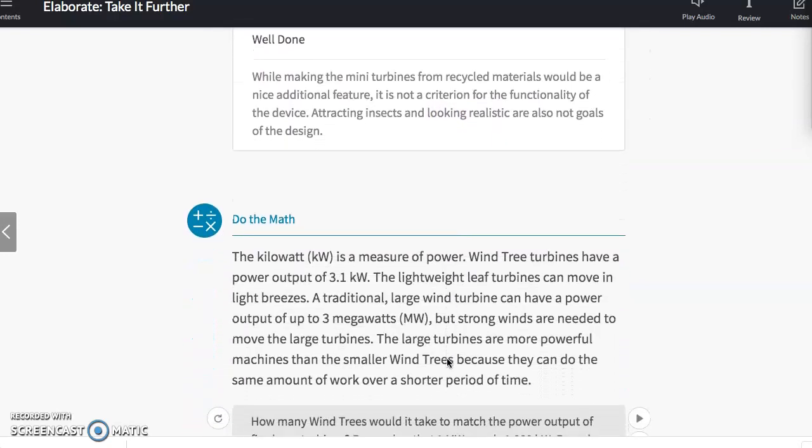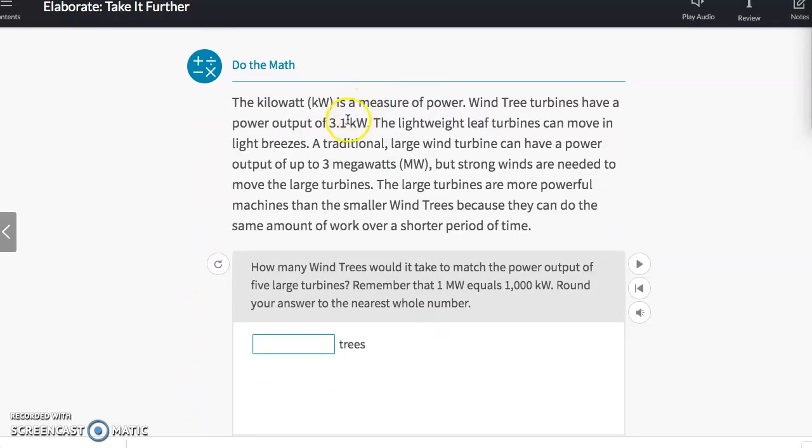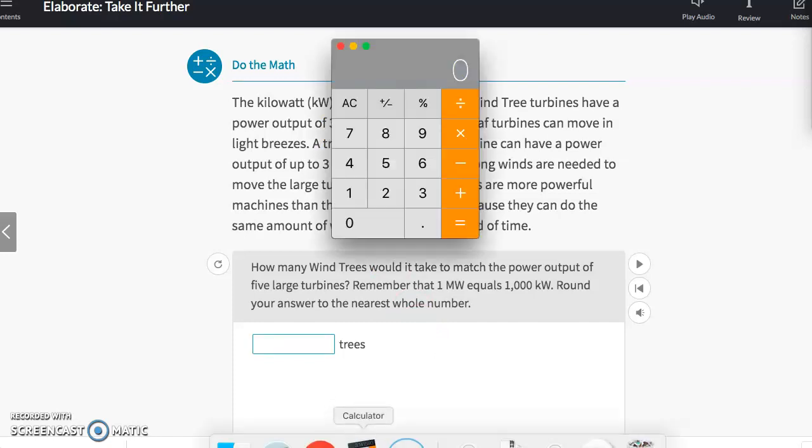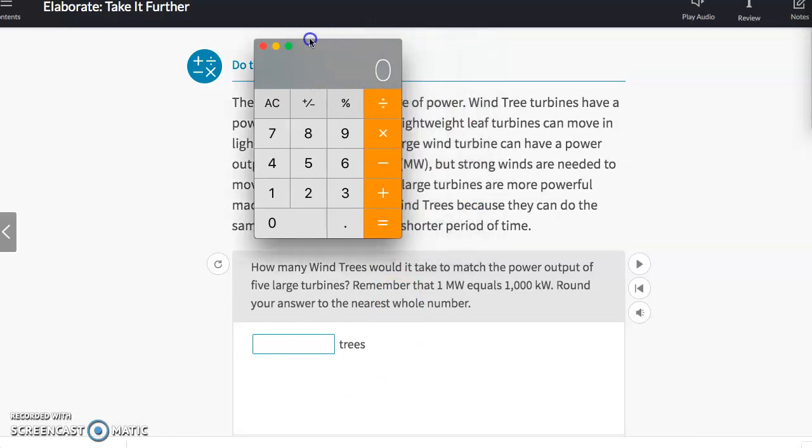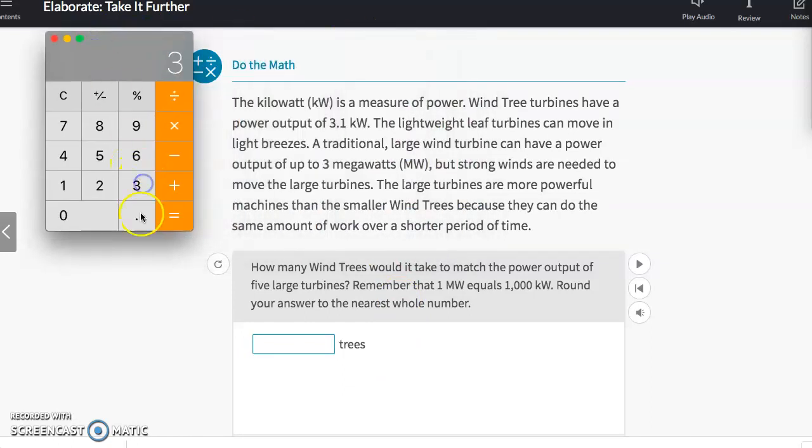What's most important? All right, wind turbines have a power output of 3.1. So what we need to do is have our trusty calculator for this, because we're going to take 3.1, and then it says megawatts, there's 3 just for one wind turbine.